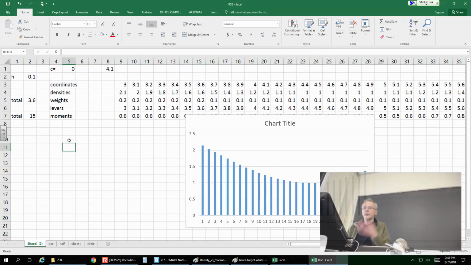Okay, so remember we started with the rod, but now we switched gears, and now we're dealing with the object that has a uniform density, but it has a shape. This is the shape. Certainly we were going to be dealing with the circle, but that's a starting point. So let's just refresh our memory about what we did. Coordinates, now densities are gone, so it's not densities but rather heights.